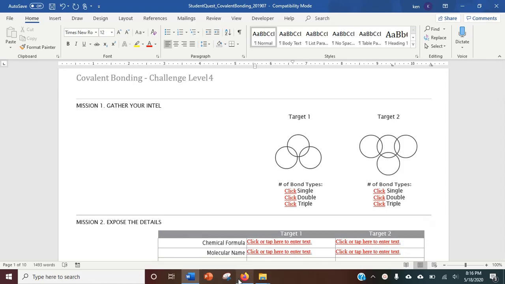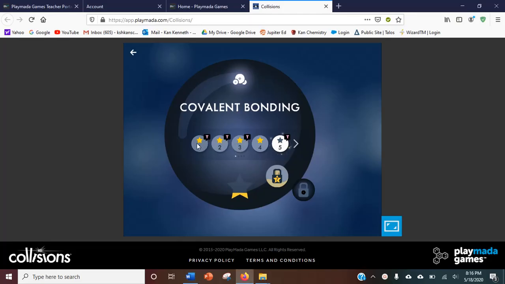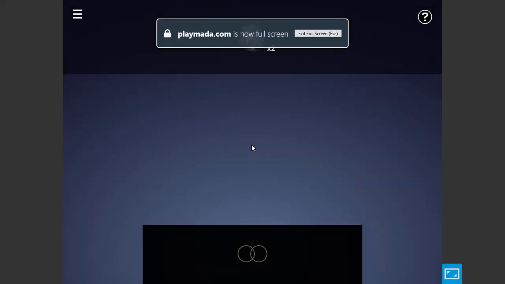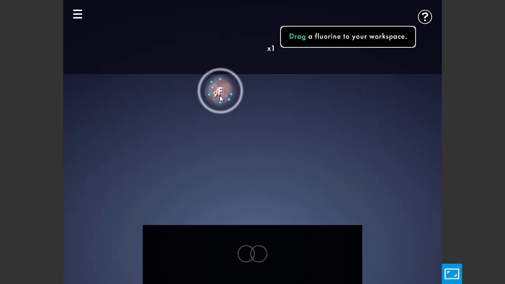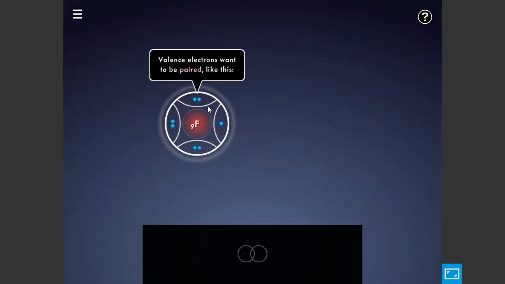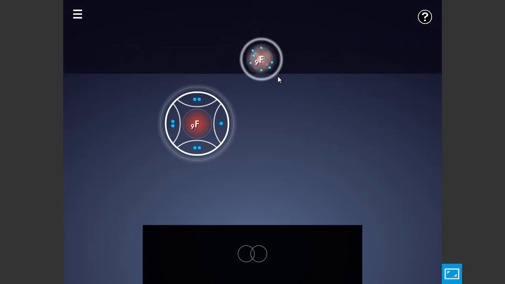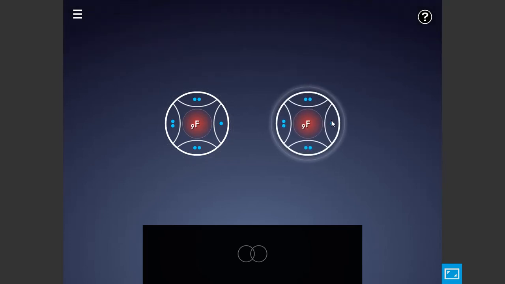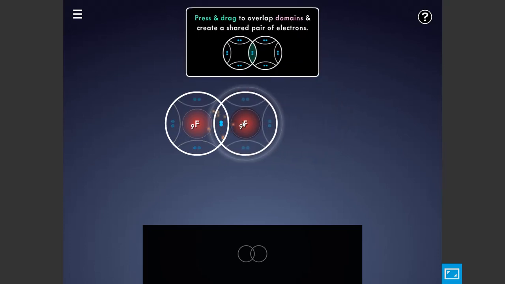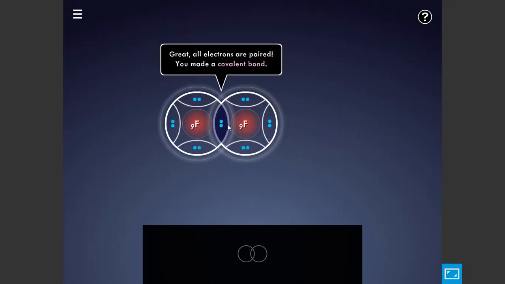So let's do the game. Let's start at level 1. Here's fluorine. These are the valence electrons. Valence electrons want to be paired. So this is paired, this is unpaired. So we must share to make a pair. Now we made a covalent bond.